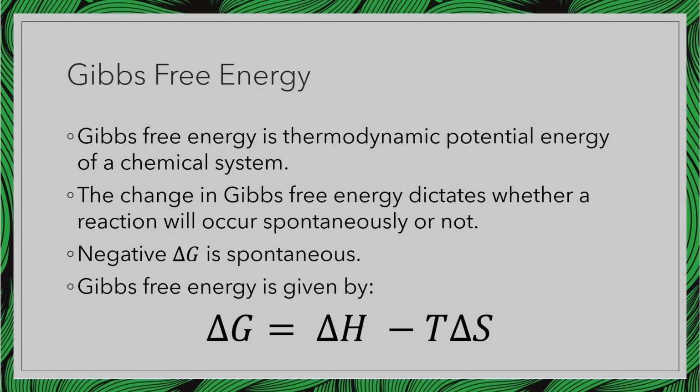Now, Gibbs free energy. Gibbs free energy is a thermodynamic potential energy of a chemical system. This is a bit of a weird one. We've learnt of enthalpy and we've compared that to H. We've compared that to Q. And we've kind of gone, it's the same thing, but it's not really.